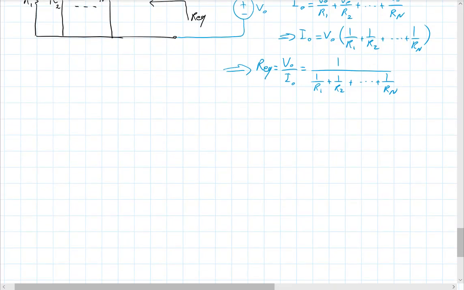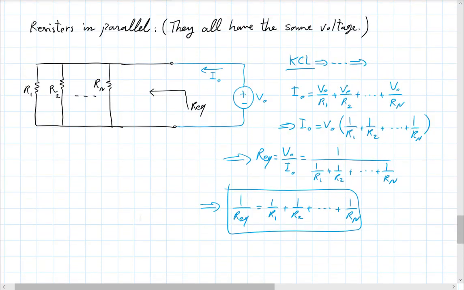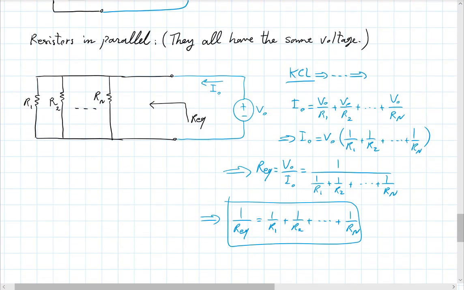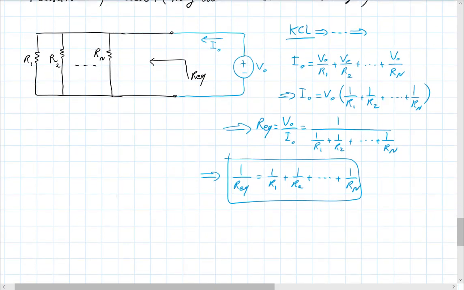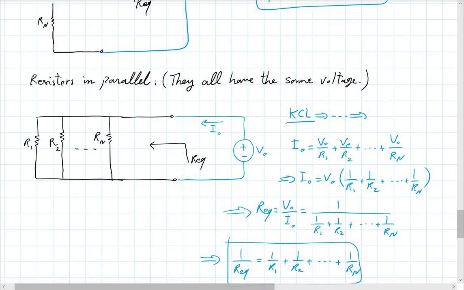Or the more familiar form that you have seen. So that's resistors in parallel.